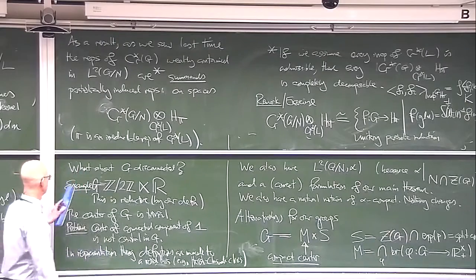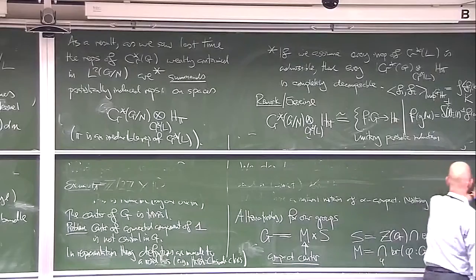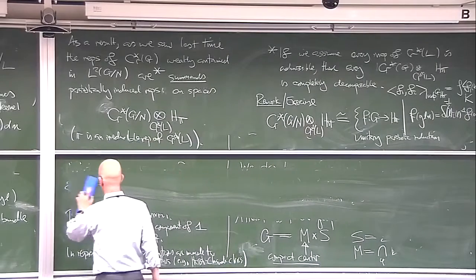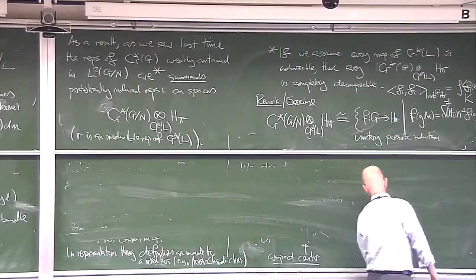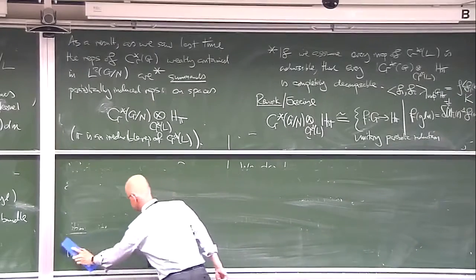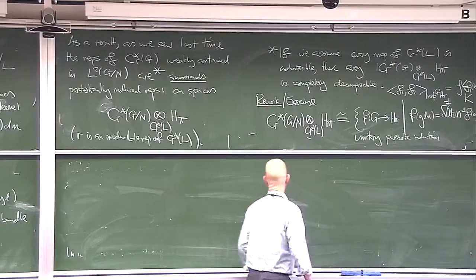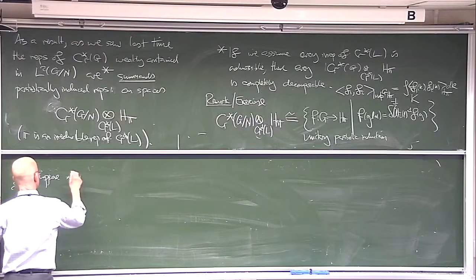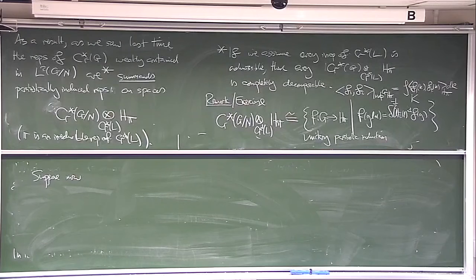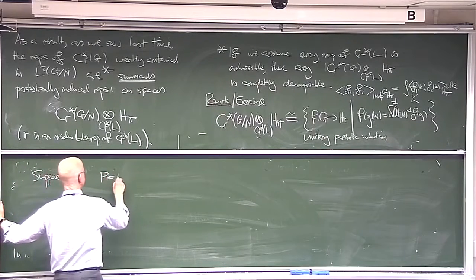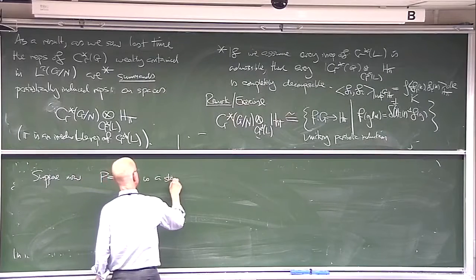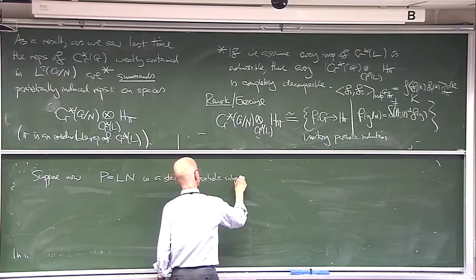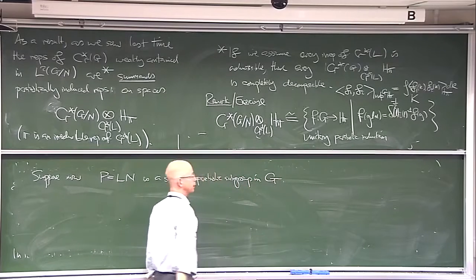It has no further parabolic subgroups, but in general, that's not the case. So suppose I have a parabolic subgroup.